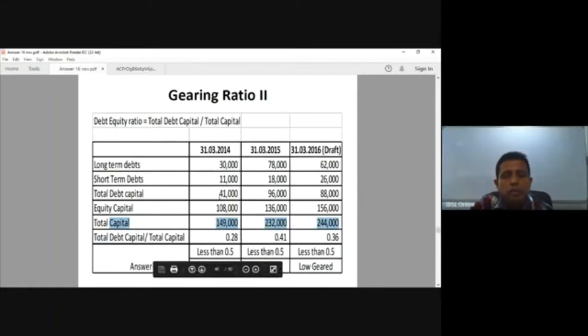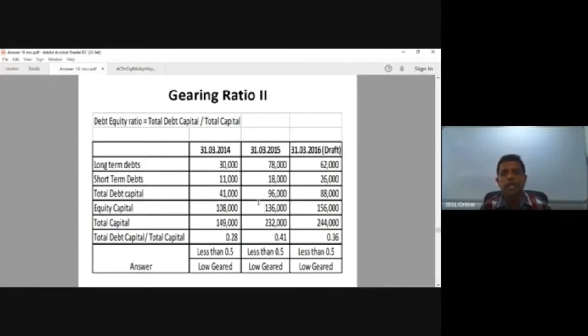Now compare your total debt capital with total capital. 41 divided by 149 gives 0.28. 96 divided by 232 gives 0.41. 88 divided by 244 gives 0.36. All are less than 0.5, meaning a low geared company.